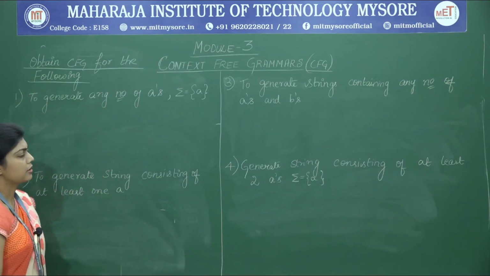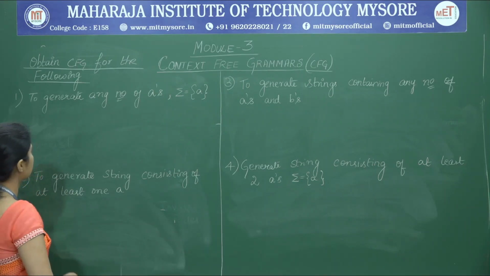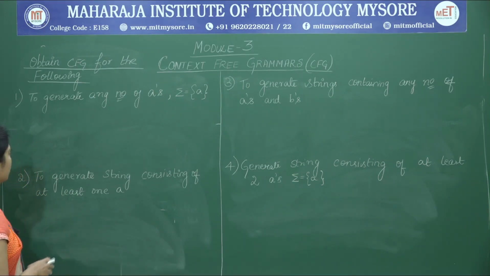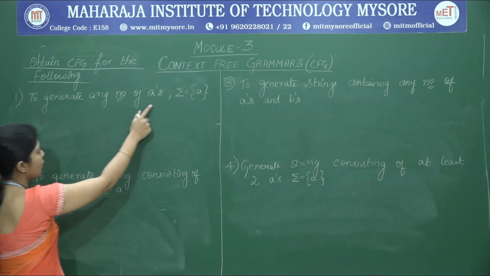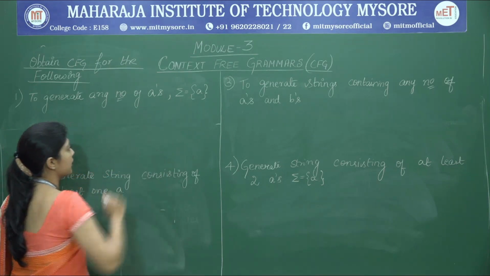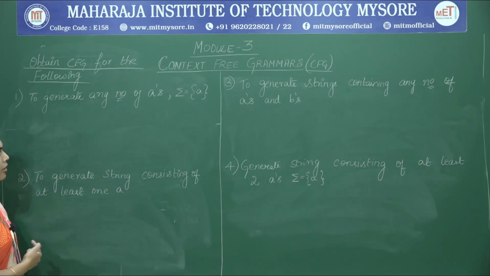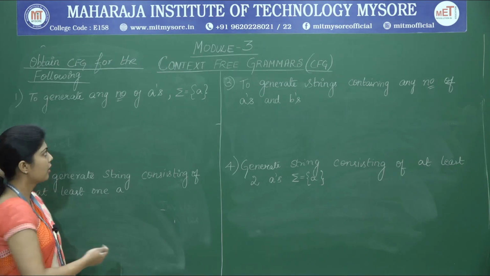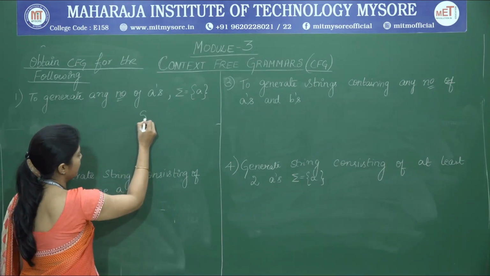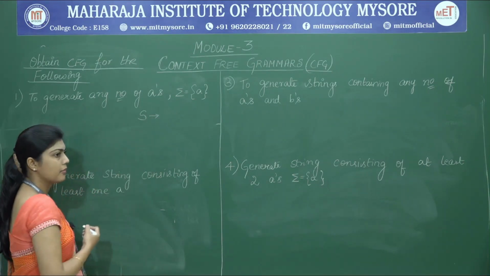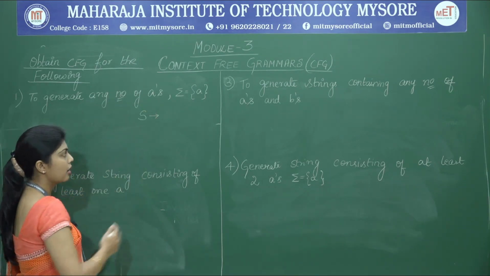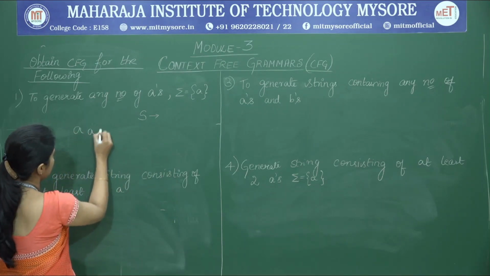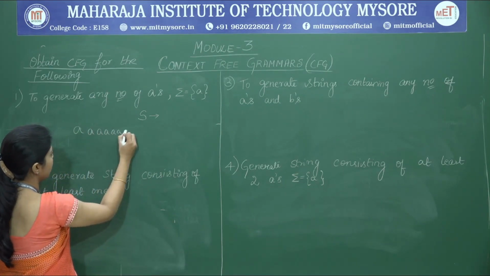So they have asked us to generate the context free grammars for certain problem statements. First one is to obtain a CFG to generate any number of A's, and the sigma is given as A. So we have to generate the rules such that the grammar is going to produce any number of A's. So here we will take a start symbol first, and then it has to generate recursively any number of A's.